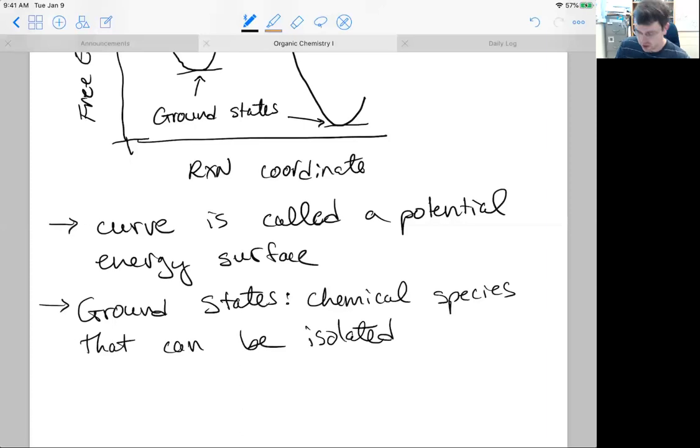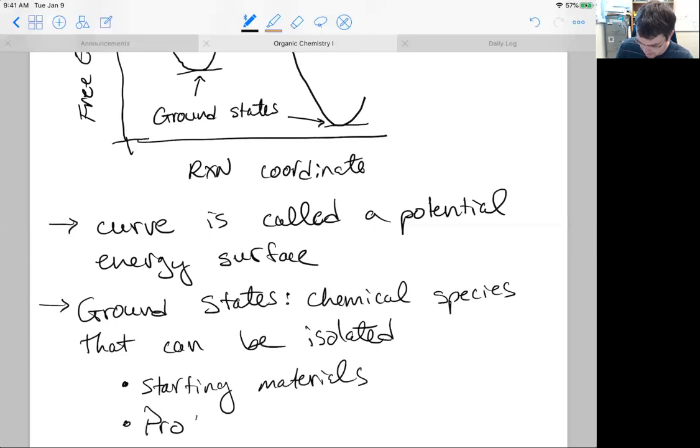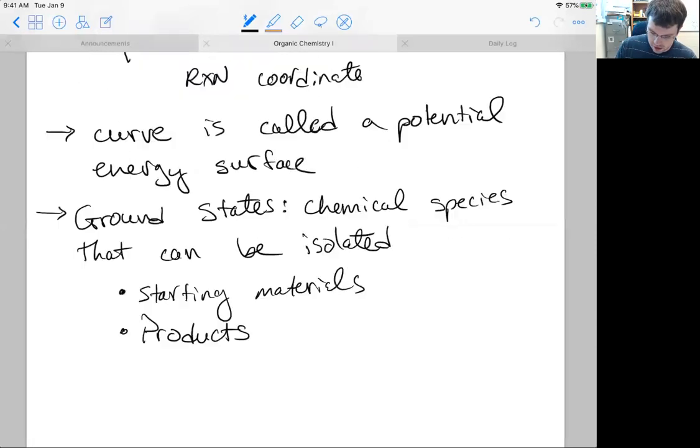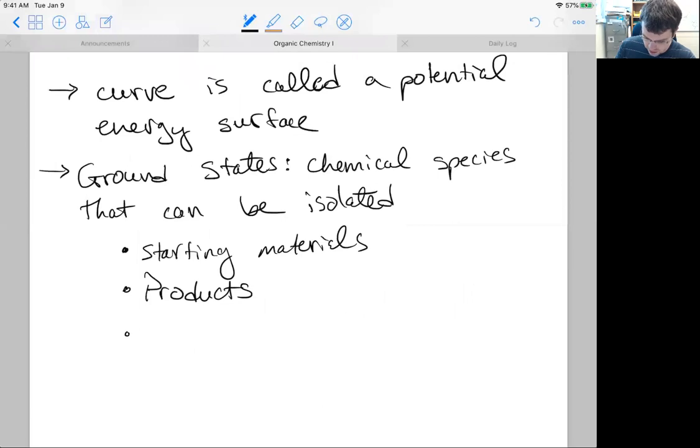In terms of what we've looked at in this class so far, ground states can be starting materials or products. Those two things we've looked at: what you start with and what you end up with in the midst of a reaction. We've seen those before. The thing we haven't seen yet is the idea of an intermediate.